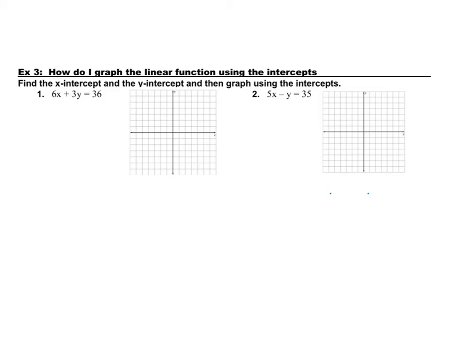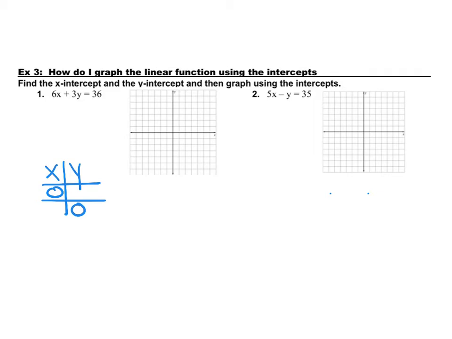And when we looked for the y-intercept, that x-coordinate was 0. So I like to write a little xy table to help organize. I'm just going to start with 0, 0. We're going to find the x and the y-intercept by putting one of the coordinates as 0.